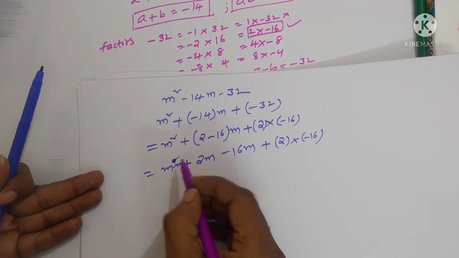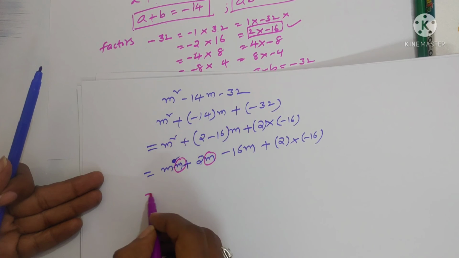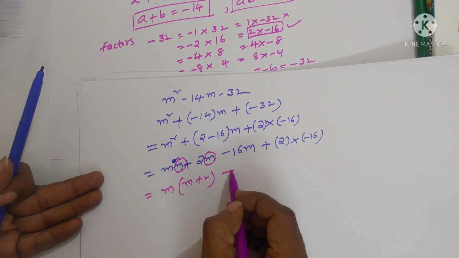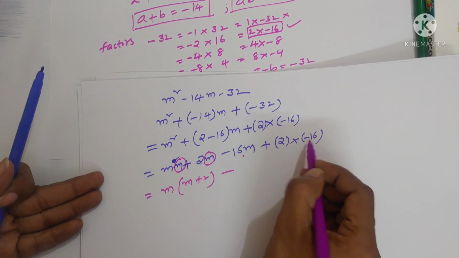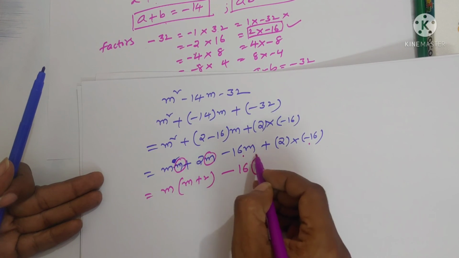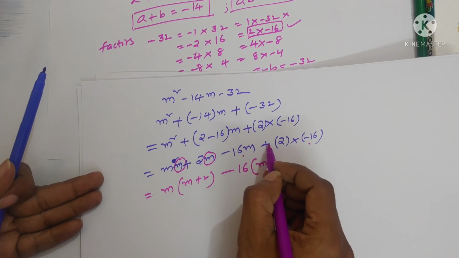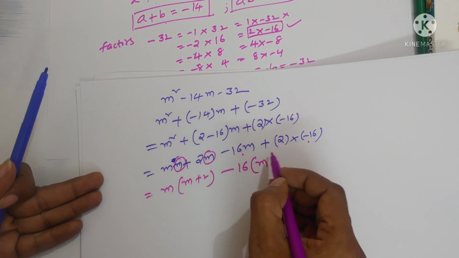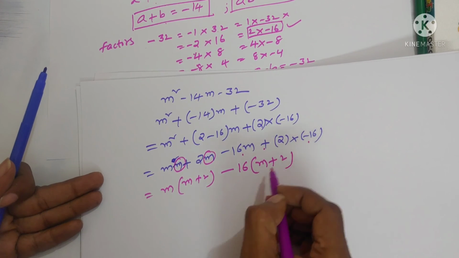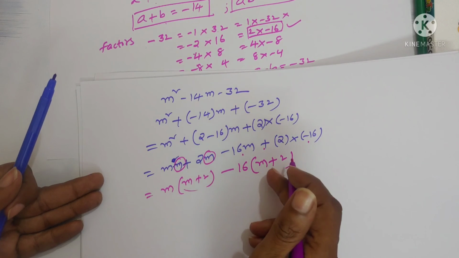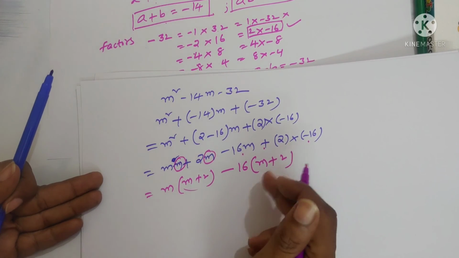Now factorize this: m is common in both of these, so take it outside. Here we are grouping the terms, and next here minus 16 is taken outside, so we will get m plus 2. We just observe one thing here: the first factor is m plus 2, then definitely the next factor is also m plus 2.